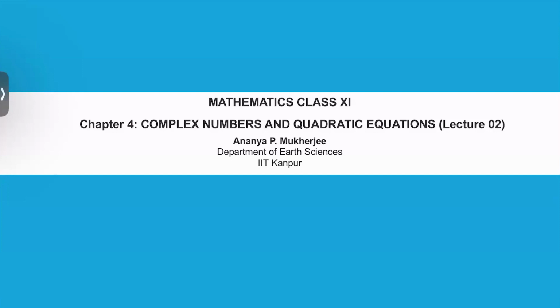So we had started with complex numbers, and we revised a little bit on the different number systems and what exactly real numbers and imaginary numbers are. Just a quick recap. We defined an imaginary unit i such that i gives you the square root of -1.